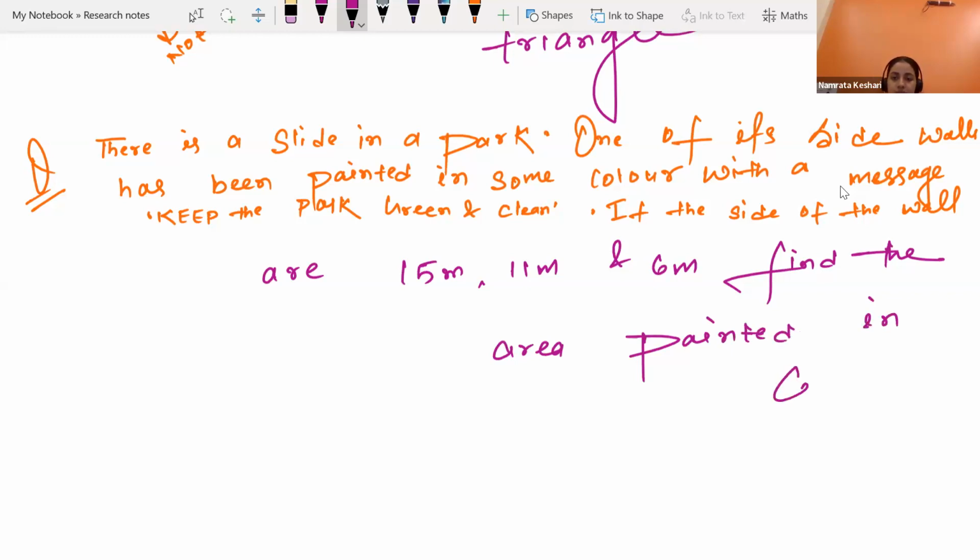Ma'am, is this R or area? Area. And A is missing there. Let me read it.